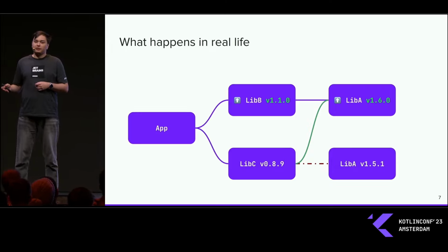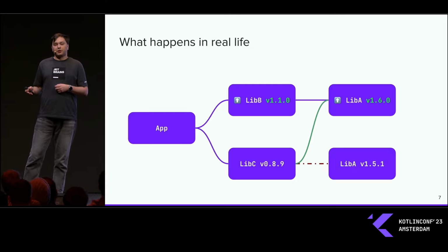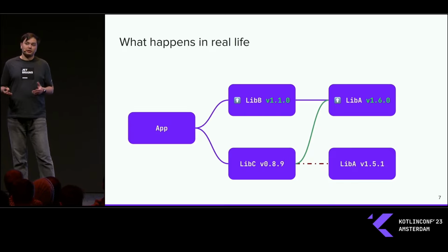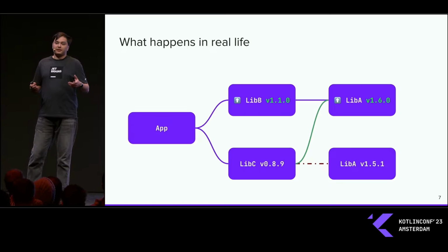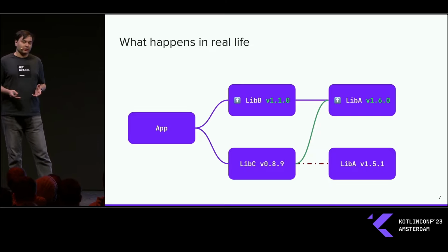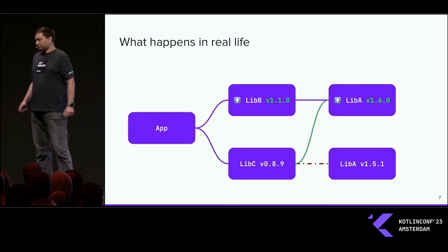Library C, if we use default Gradle resolution rules, gets this new version of library A into its classpath, but it's not ready for it. It may need to call this deleted method or something else, and it simply gets broken. It can no longer work normally.